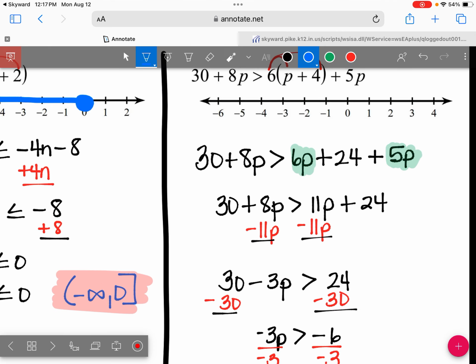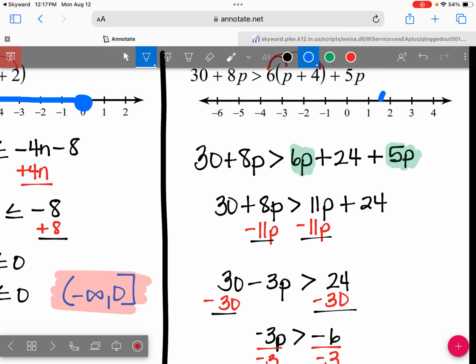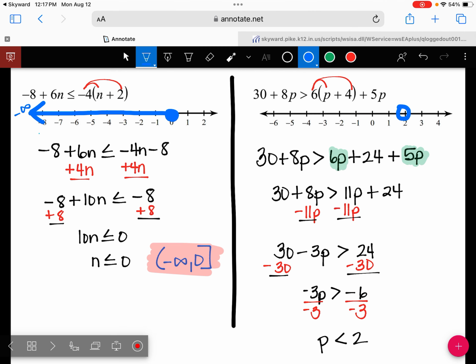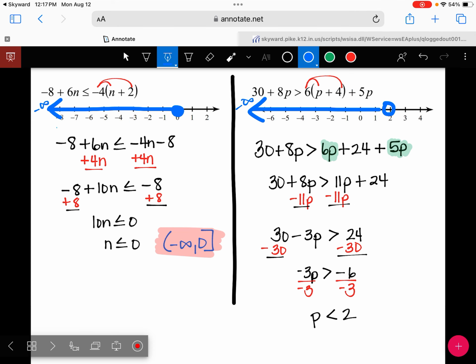What do I use? Open circle. And then what is it? Less than, so it's gonna go to the left. So this is my negative infinity. So my interval would be negative infinity to 2, and they both get parentheses.